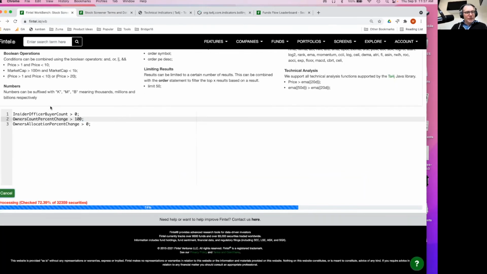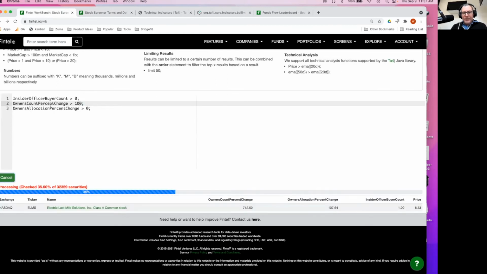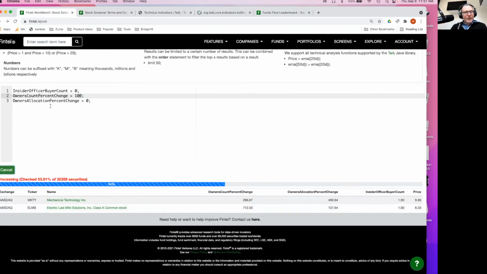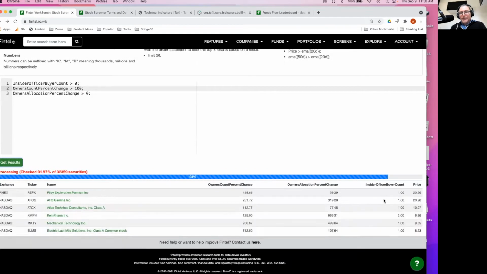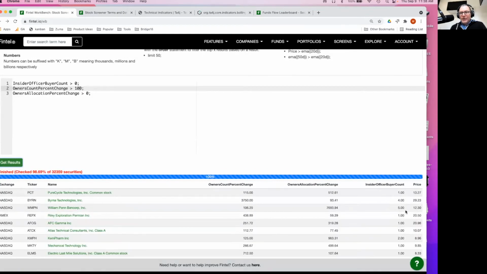So let's see what we have here. Here's a situation where at least one officer has bought some shares. Okay, and here's one where 5 have bought. All right.